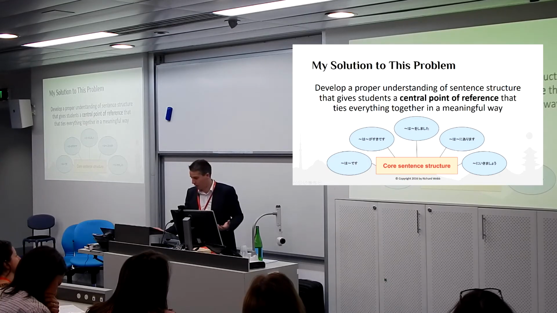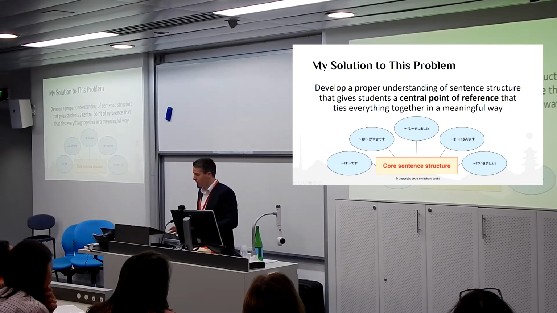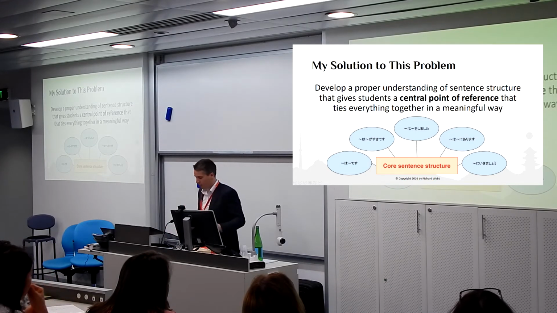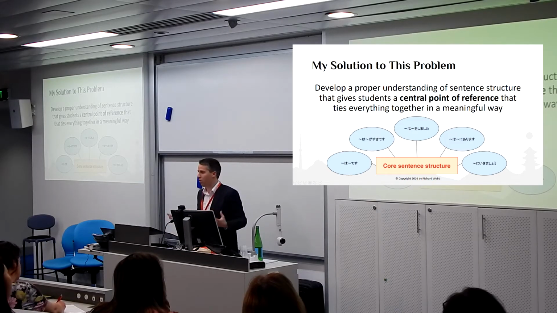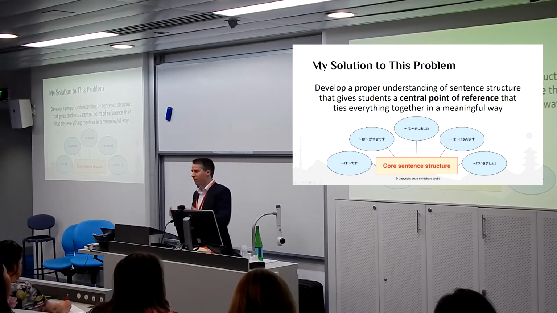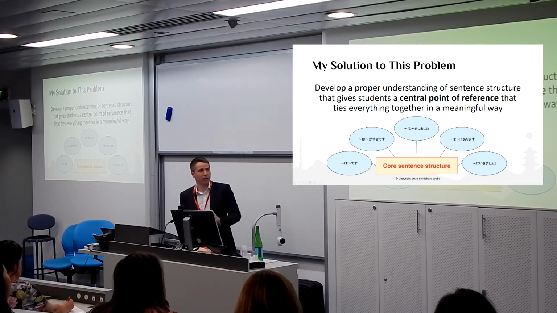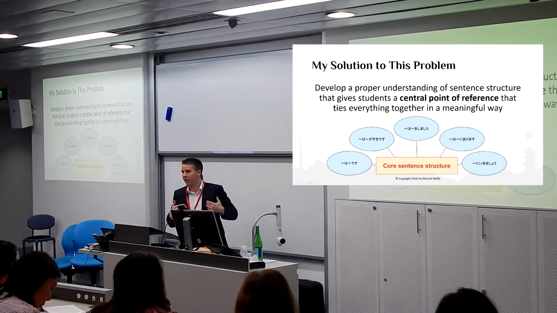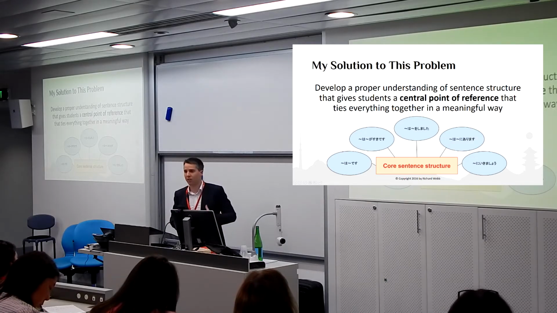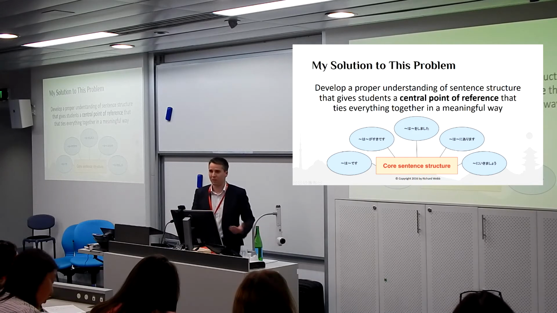So my solution, when teaching Japanese, was to start from the beginning by giving students a really solid, proper understanding of the sentence structure and particularly how that differs from English. I forgot to mention this earlier, but when we're making these assumptions while learning another language, English forms the basis of those assumptions for English speakers.